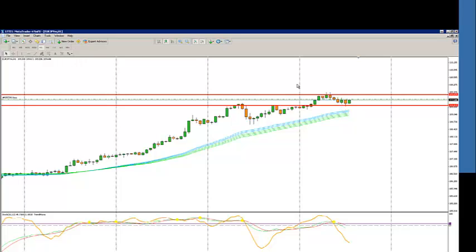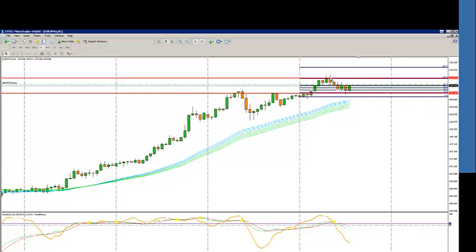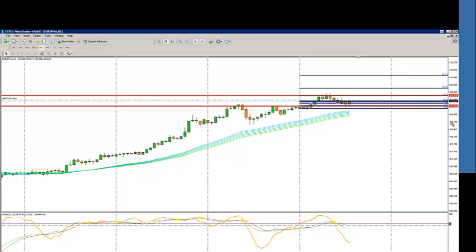After that, what I like to do is draw a fib from the low, from the high all the way to today's low. So this is today's high, and this is today's low, and I'm looking for exit at these extensions.